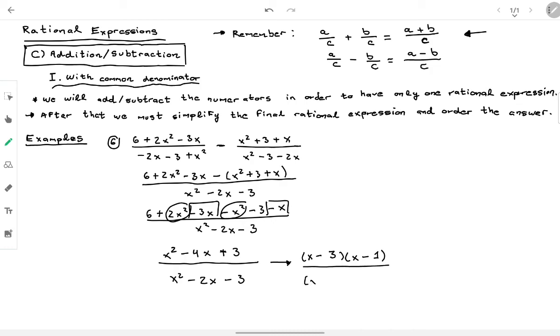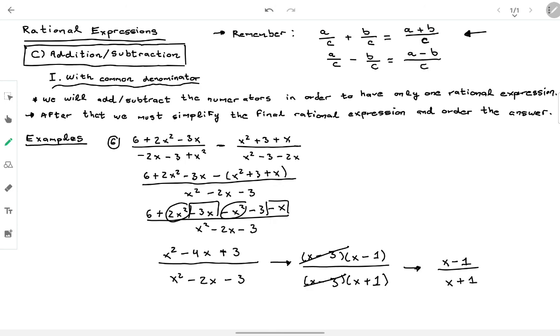On the bottom, it's going to be x minus, x plus, two numbers that when they get added, it's minus 2. When multiplied, it's minus 3. It's minus 3 and plus 1. So we can eliminate the x minus 3, because it's a factor. So our final answer is going to be x minus 1 divided by x plus 1.